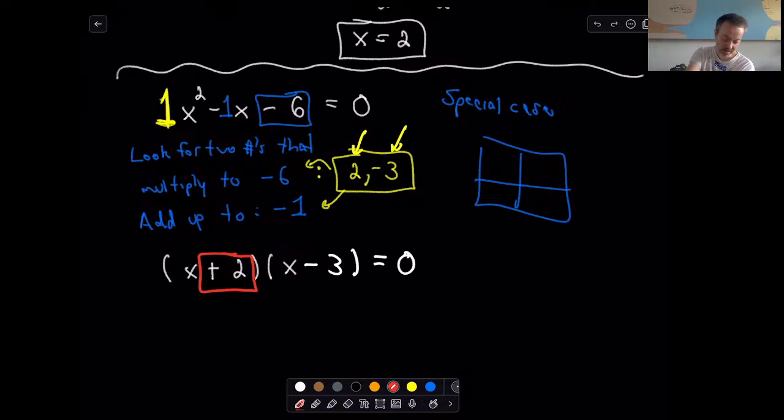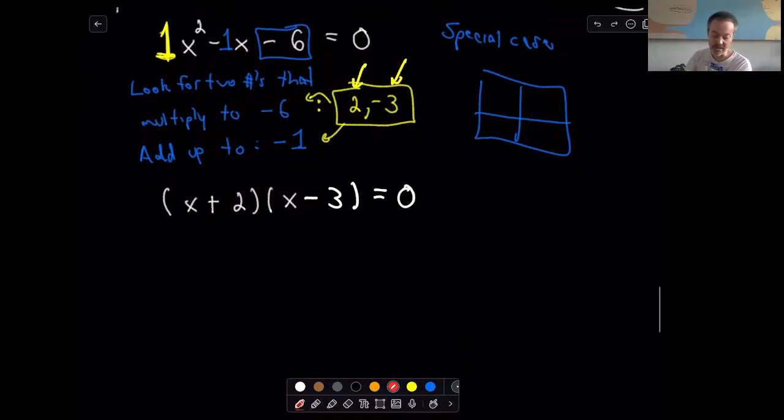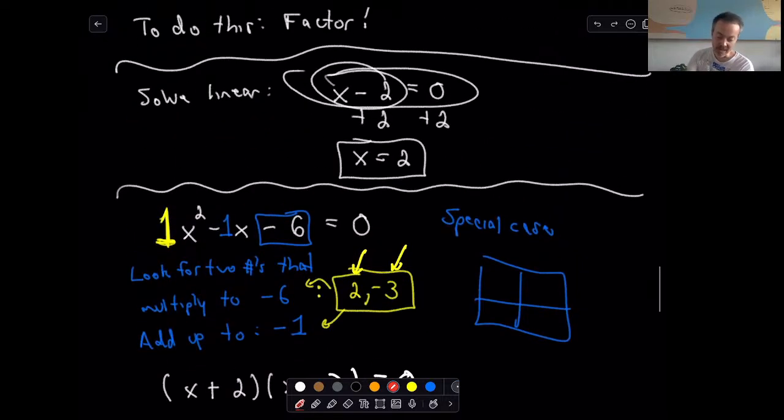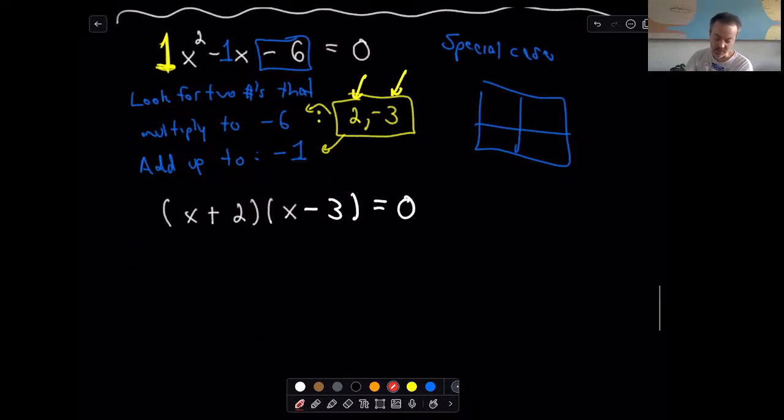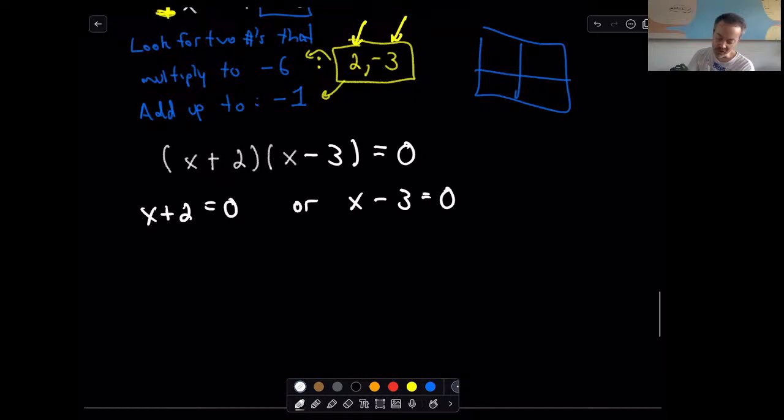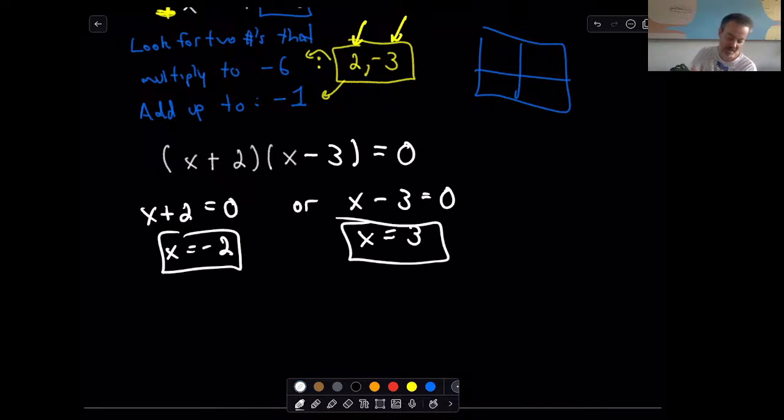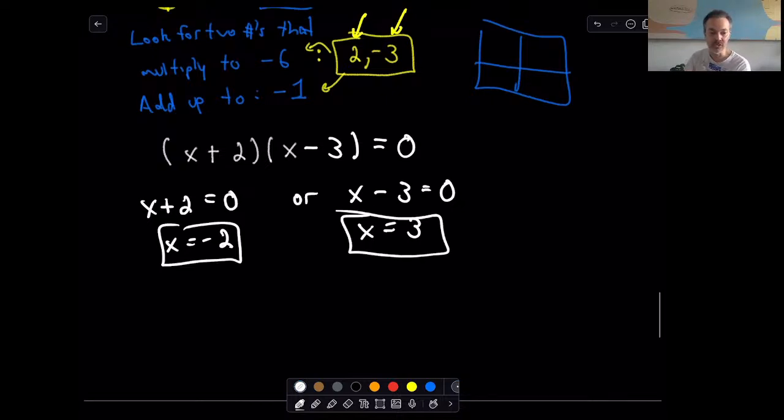Now once we have each of these factored, it just goes back to the linear case. We take each one and set it equal to 0 and solve. For the first equation, I could subtract 2 from both sides, and for the second one, I could add 3 to both sides. And those would be my two solutions.